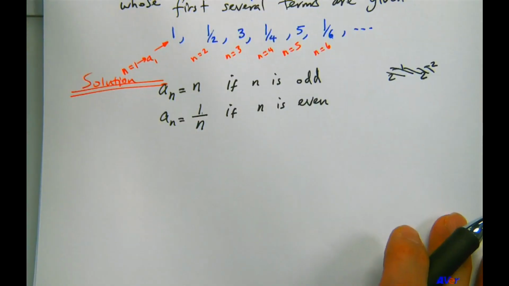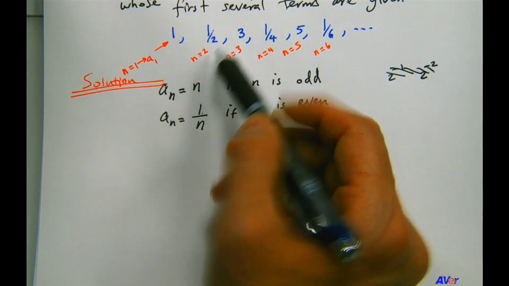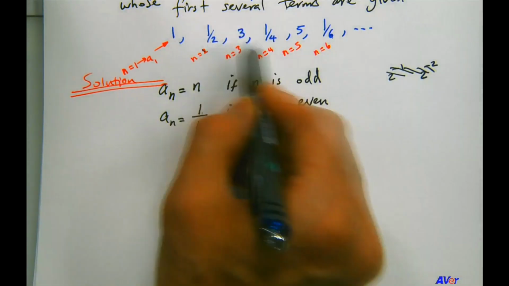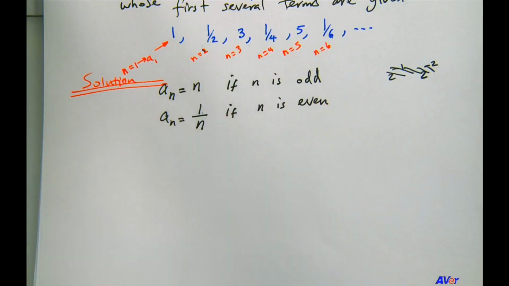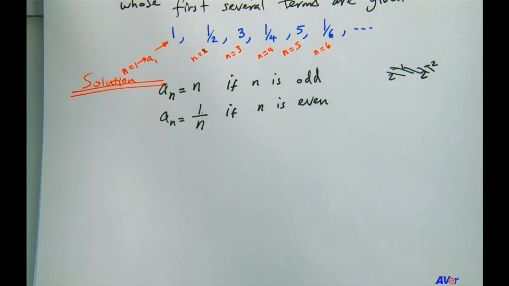Okay, so now let's find how we can find the right sequence for this. Let's write down a first iteration.